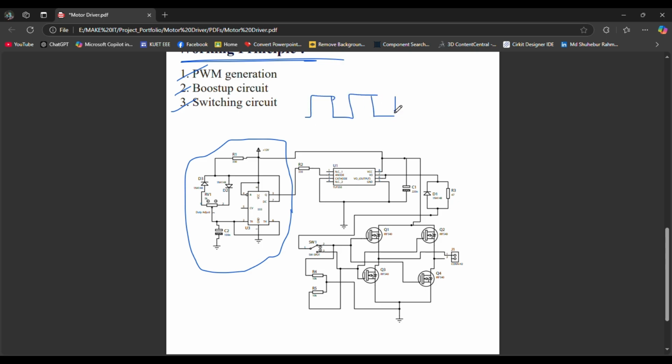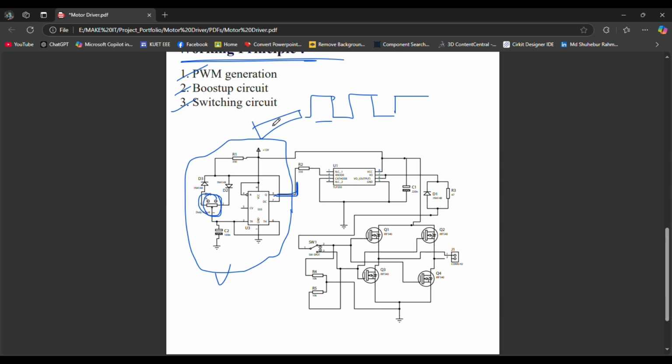I can also change the pulse width using this potentiometer, and this pulse width signal will come through this wire. So this is the PWM generation side. You can also supply this PWM with any type of Arduino or microcontroller. That will be convenient.